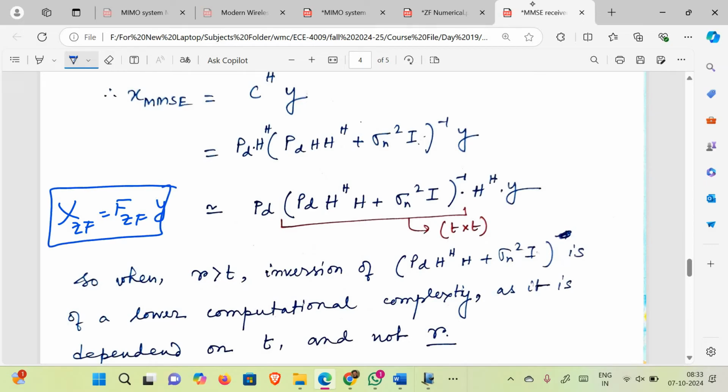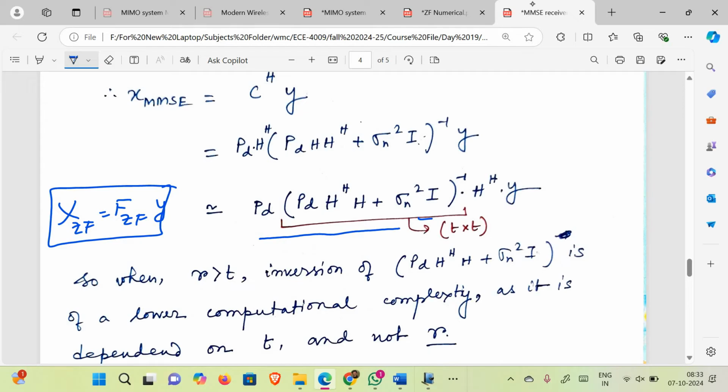In the same way we are trying to find X in terms of some matrix coming from MMSE multiplied by Y. So please make a note of this last expression which is present over here.